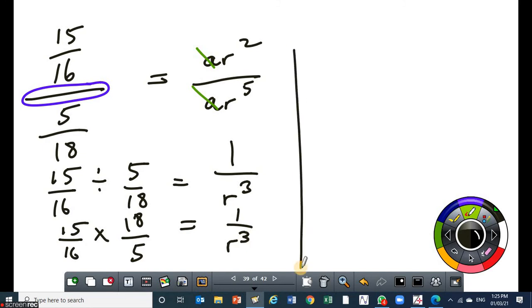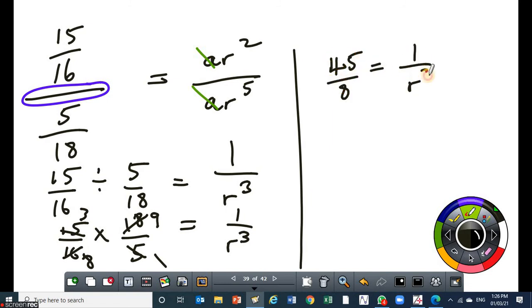If I want to simplify this, you can use highest common factors. 5 into 5, 1; 5 into 15, that's 3. 2 into 18, that's 9. 2 into 16, that's 8. So I'll end up having 45 over 8.